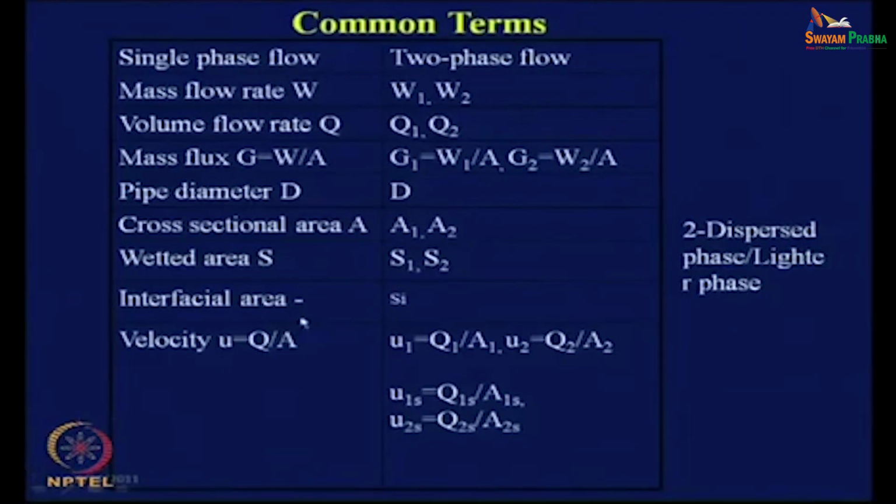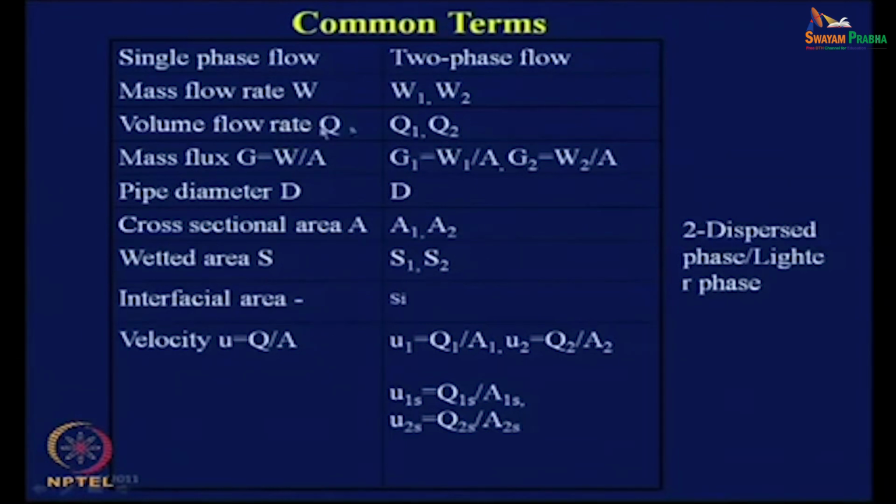So, in the last class I believe that we had almost completed listing the basic definitions. What we had found is that we had defined mass flow rate as W, and I had already told you that instead of only W as in single phase flow, we come across W1, W2 and WTP also, the total two phase mixture, which has not been mentioned here, but I had told it to you in the last class.